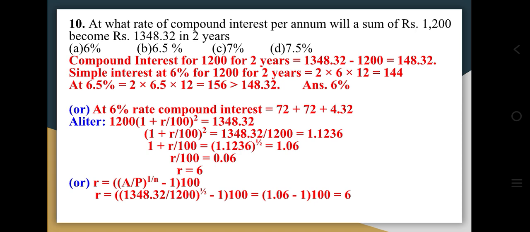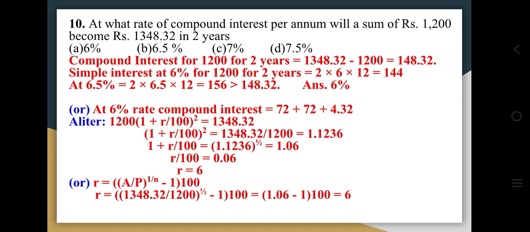So here the principal amount is 1200, number of years is 2. After 2 years, 1200 becomes 1348.32. So A is 1348.32. P is 1200. N is 2, so 1 by N is 1 by 2. So R is ((1348.32 divided by 1200) whole power 1 by 2 minus 1) into 100.